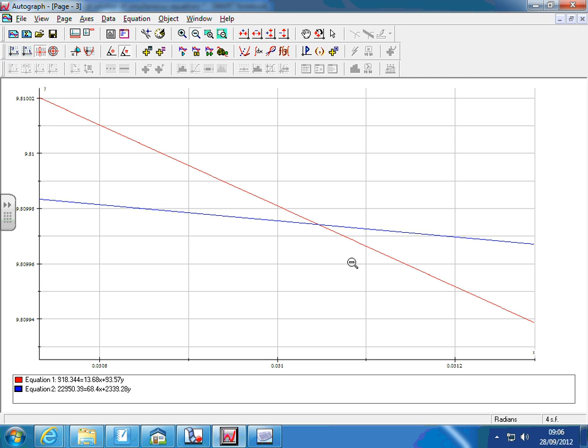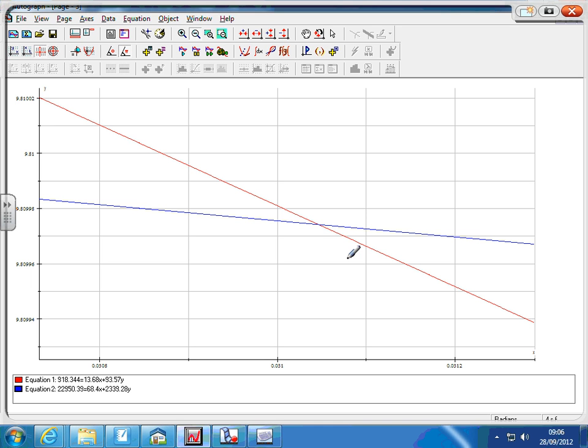Now we can come up with some values for x and y. So if we arrow down and arrow across, we can come up with values for x and y. So it looks as though x is around about 0.031. If that's 0.031 and that's 0.0312, so it's about 0.0314, something like that.